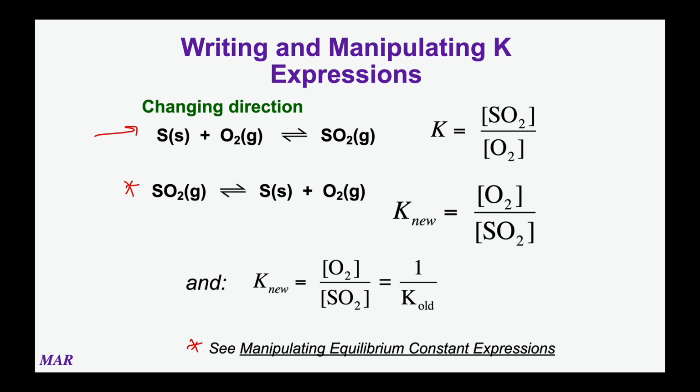Well, our K values should be different from each other. We can translate one lab's work into the other by going 1 over the K to get the other lab's K, but by default, the numbers could look very, very different. And this is something in chemistry you have to be very aware of. Everybody has to use the same form of the equation for the answers to make sense.